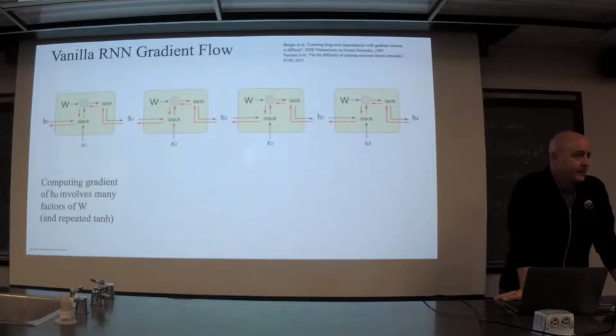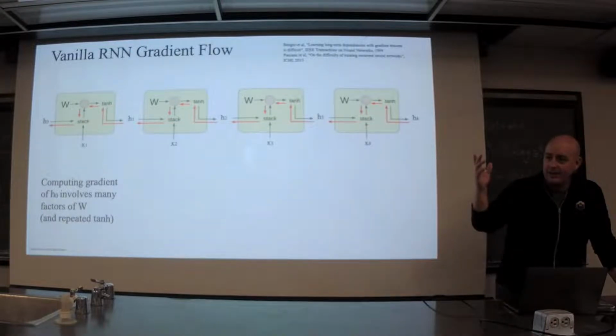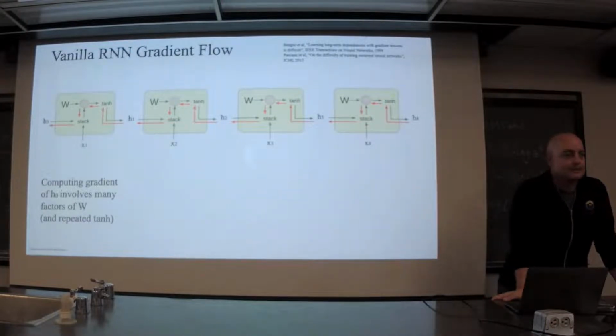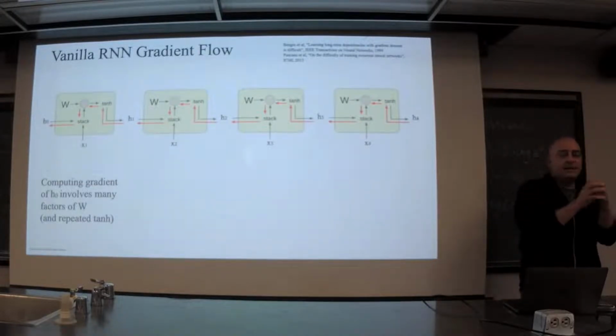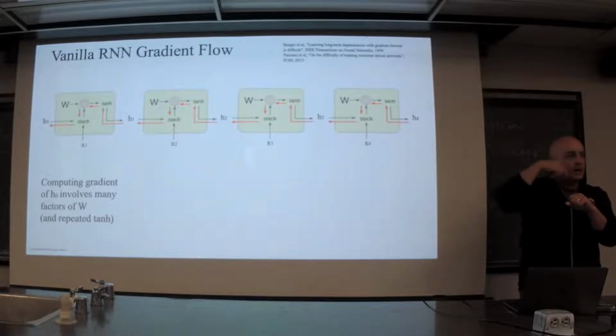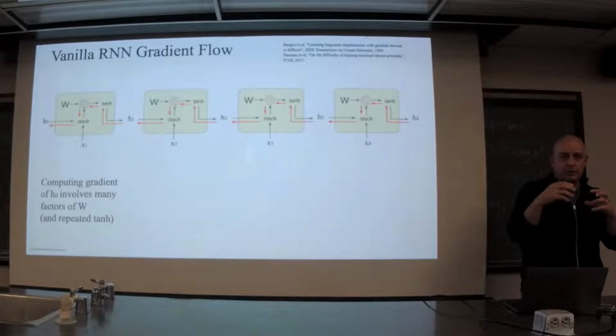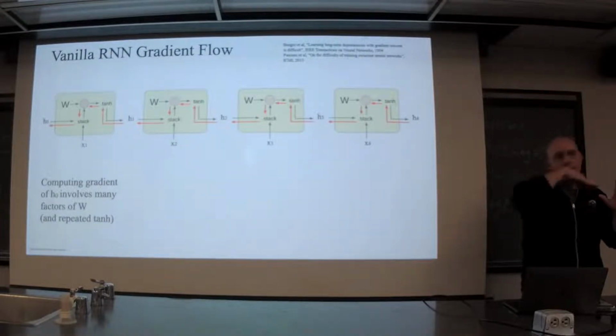Anybody know? Who knows anything about eigenvectors and eigenvalues? Okay, so let's say we take an eigenvector x and multiply it by the matrix it's an eigenvector for. So we have w times x.